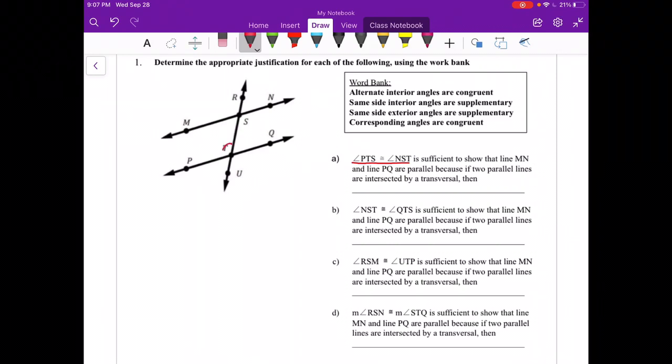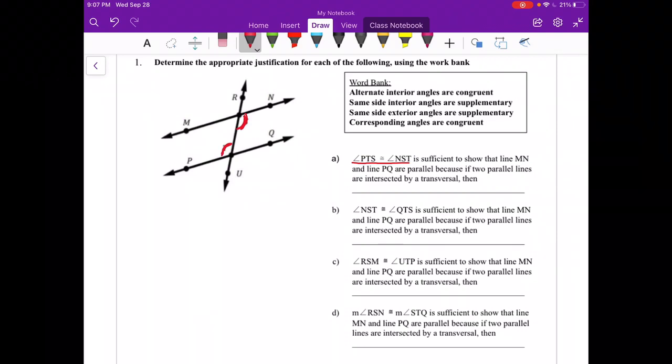Now, PTS is going to be this angle that we see right here on our diagram, and NST is this angle. If we look carefully at these two, we'll notice that these are alternate interior angles.